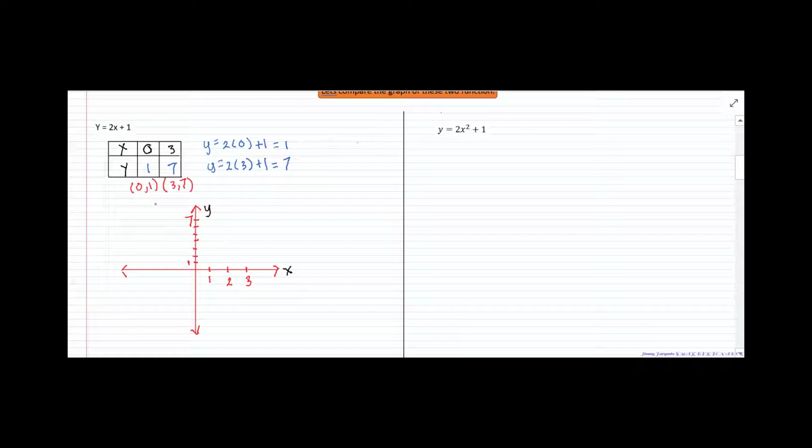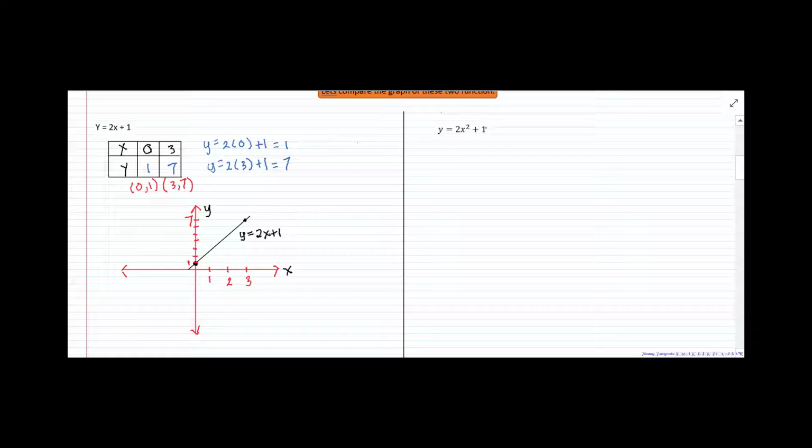Then we plot the points. 0, 1 is right here, and 3, 7 is right here, and then we can make the straight line between the 2 points. This is the straight line, and then we can label it y equals 2x plus 1. This is the graph for y equals 2x plus 1. Do you get it? Okay, we go to the next question.